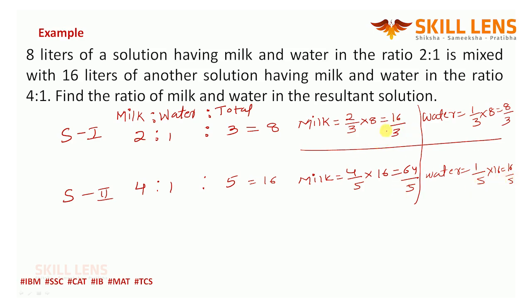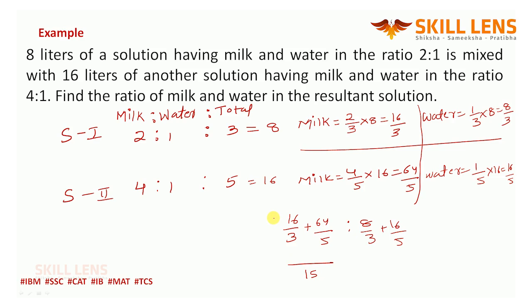So can I say my total milk will become 16/3 plus 64/5, to the ratio of the total water, which is 8/3 plus 16/5. Guys, if you closely observe, 5 3s are what? 15 is the LCM.